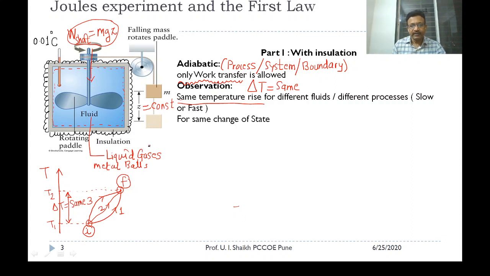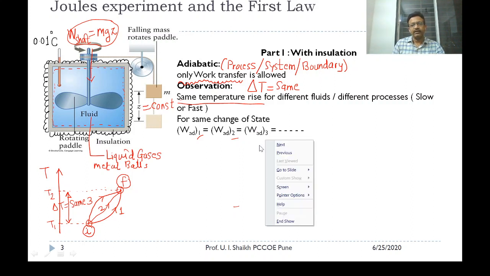I can write this in mathematical form like this: W, the work required to change the state of the system from I to F by following path 1, is equal to W required for change of state by following path 2, which is equal to the work required by following path 3.